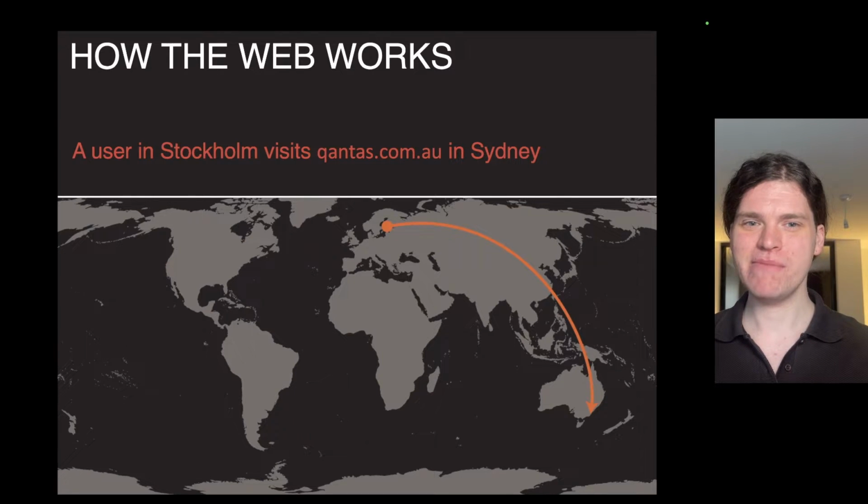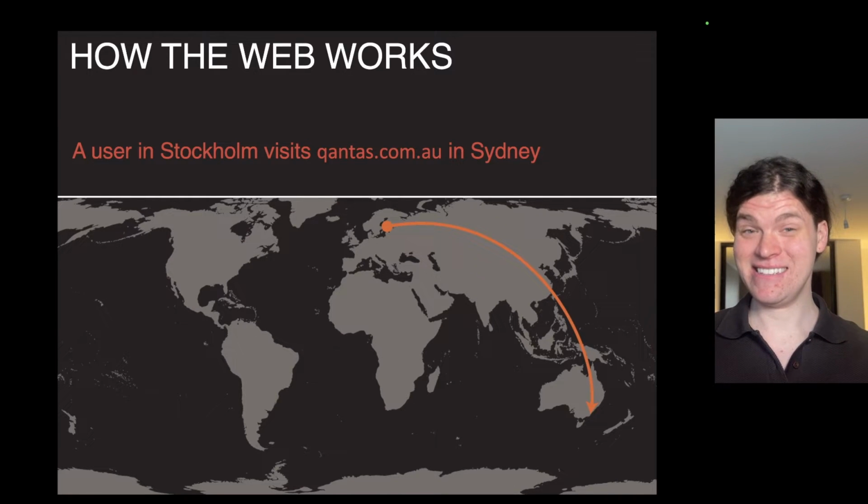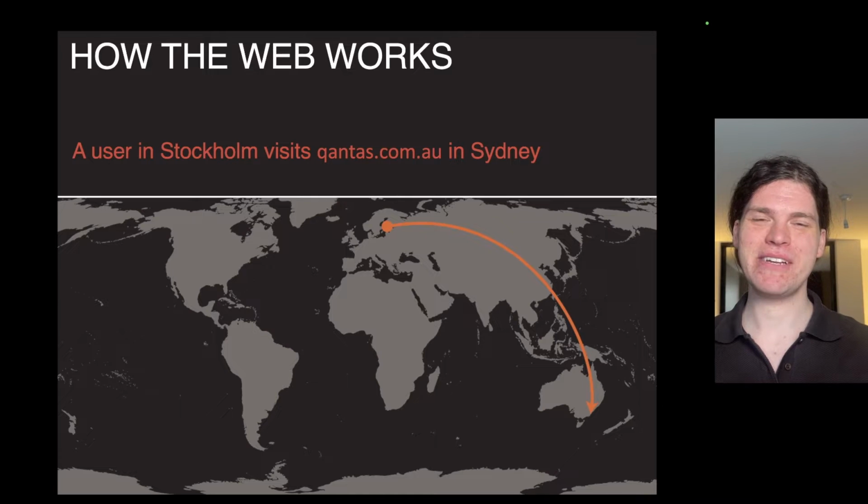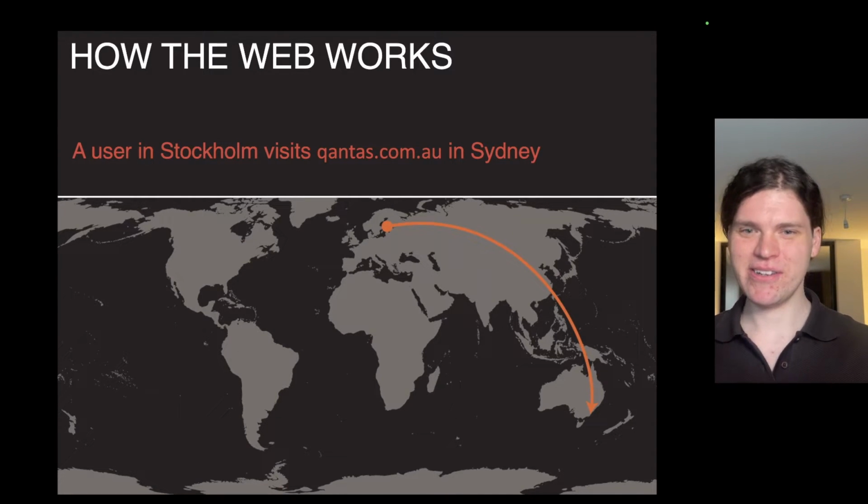Qantas, global company, qantas.com.au. Well, again, com doesn't always mean that things are going to be located in America. I think it's VeriSign that actually manage the com domain names, which are located in America, the actual company VeriSign.